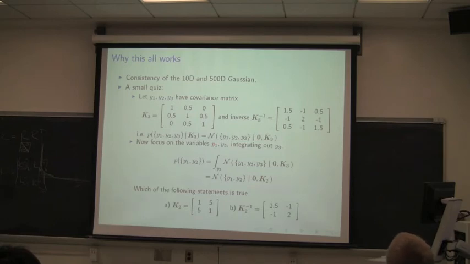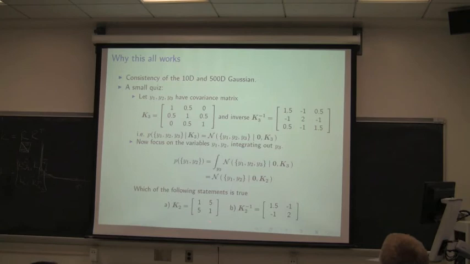How do we do that? Well, we haven't observed y3. We only have its distribution. So the way to get there is by integrating over y3. We take this joint distribution, which in this case might be the 500D Gaussian, and we want to go to the 10D Gaussian. The way to get there is by integrating over all the points in this 500-dimensional Gaussian that we didn't observe, that we're not interested in.